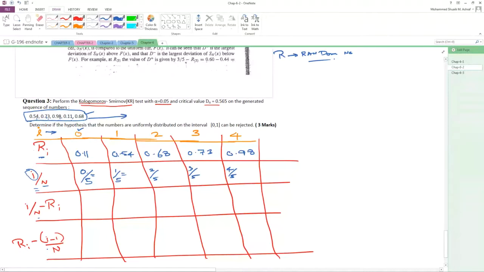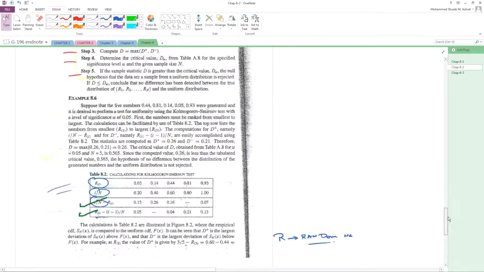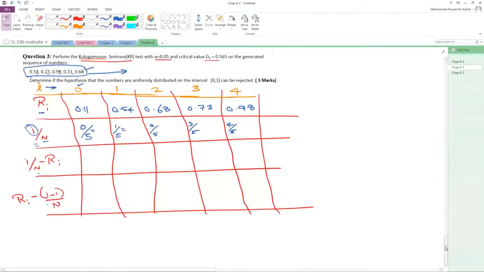Where does 5 come from? Because see in the question, how many numbers are present? 5 are present, so that's why it is automatically 5. Understand?